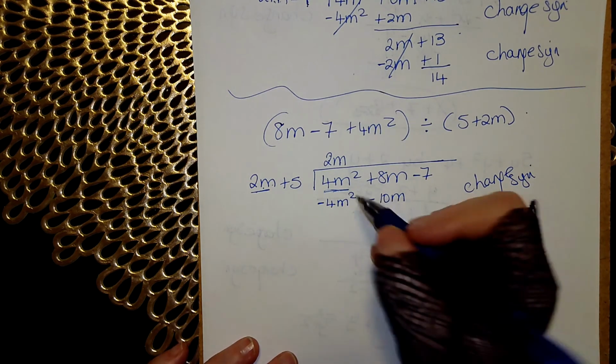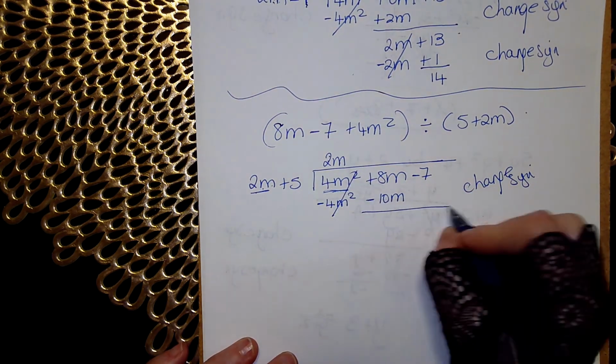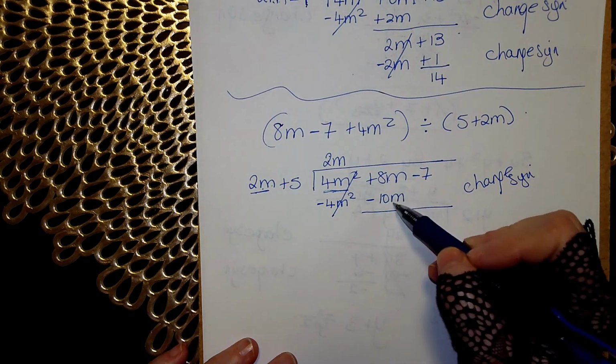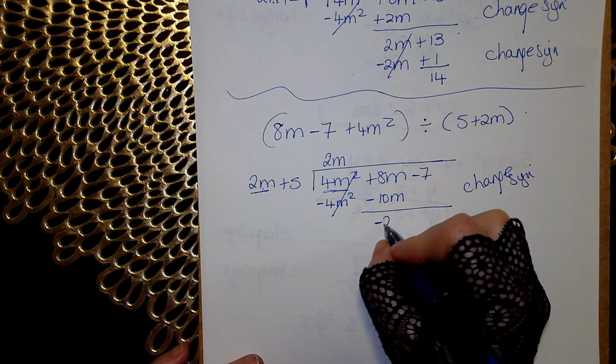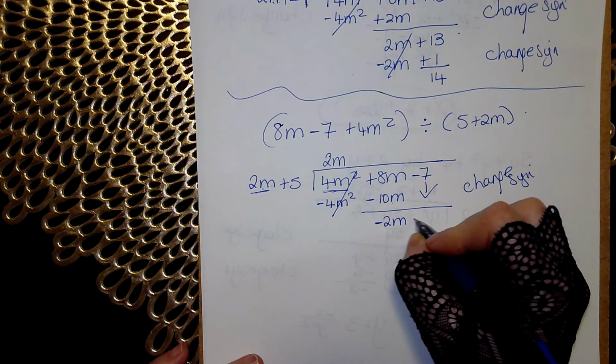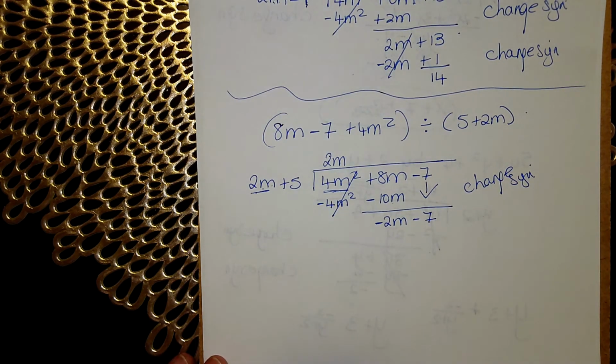Okay, so I know I'm correct because this is going to cancel to 0. 8m minus 10m is negative 2m, and you bring down what's left, minus 7. Just bring it down. That's it. Just like you do in regular division. It's the same rules. It has remainders like regular division. You bring down numbers. You know, you're doing the same thing.